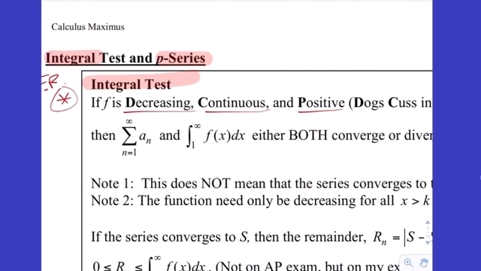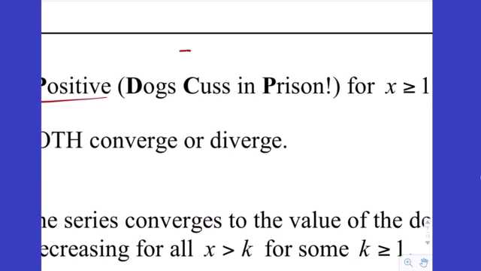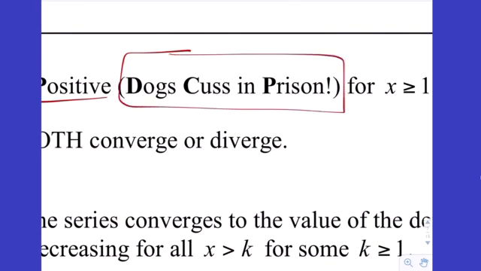So to help you remember that, DCP, you can remember, if you ever incarcerate a canine, they don't like it, right? Not unlike humans. But unlike humans, dogs will let you know. They'll start cussing. So where do dogs cuss? They cuss in prison. Dogs cuss in prison.